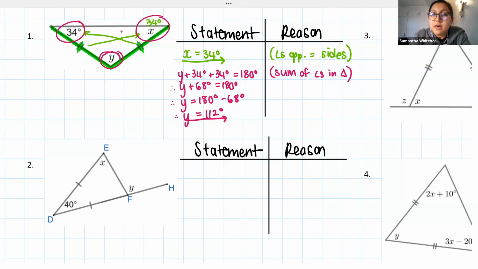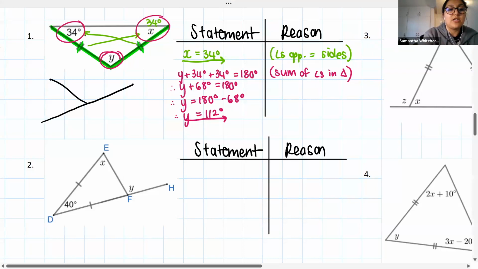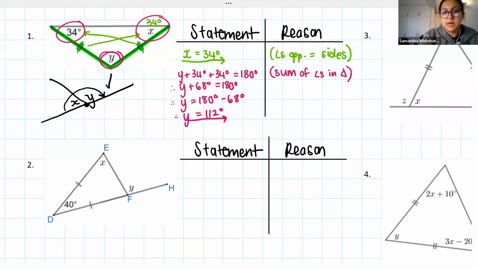Now, very careful, guys. A lot of you said X is equal to 34 because of angles on a straight line. Please remember, we cannot use that reason. Angles on a straight line can only be used as a reason when we have adjacent angles on a straight line. So if we had 2 angles on our straight line that are right next to each other, sharing a common vertex, then we can use angles on a straight line.